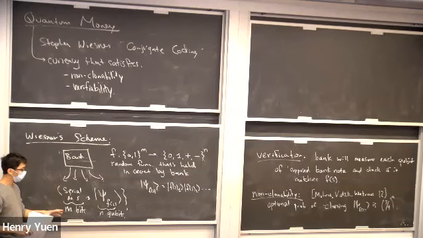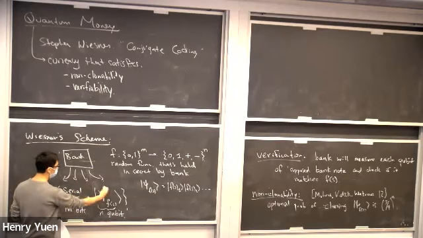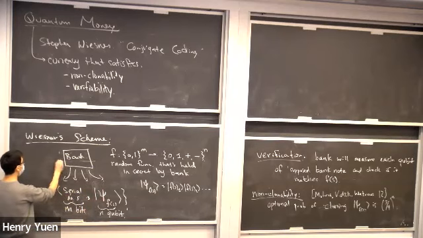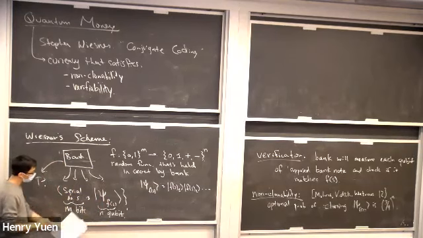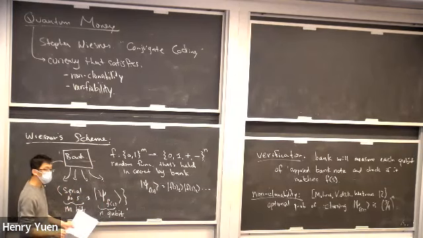This is a big area of quantum crypto research now, where the bank not only distributes these banknotes, but also distributes an open source quantum program that anyone can run to check whether a state is really a valid banknote.